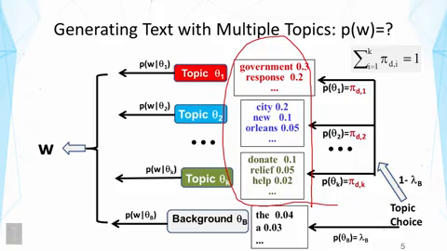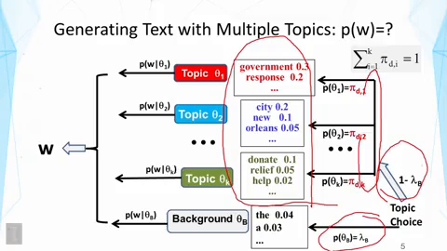First, we can flip a coin to decide whether we will talk about the background. So it's the background, lambda sub b, versus non-background. So this 1 minus lambda sub b gives us the probability of actually choosing a topic, a non-background topic. After we have made this decision, we have to make another decision to choose one of these k distributions.